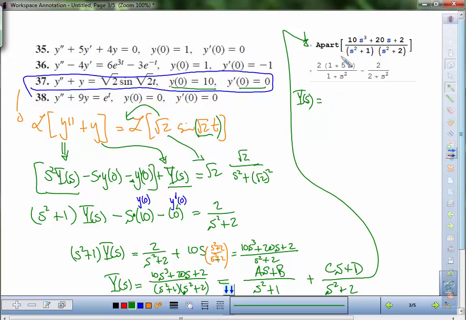So that means I'm going to break up this into 2 times 5 is 10, so that's 10s over s squared plus 1. And then 2 times 1 is 2, over s squared plus 1.